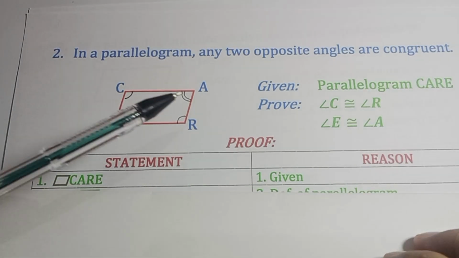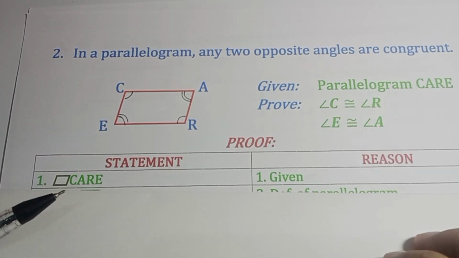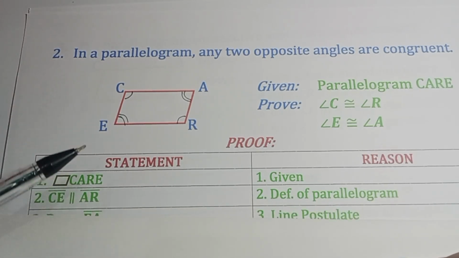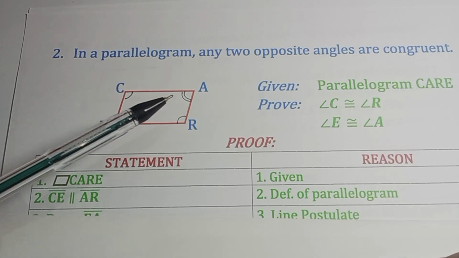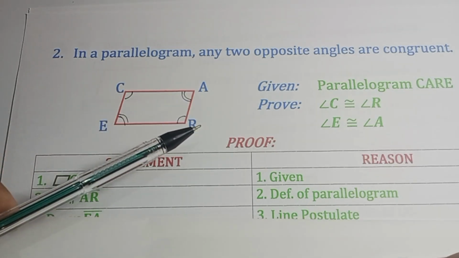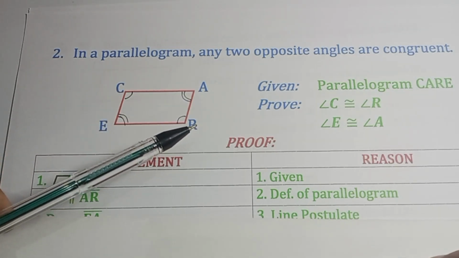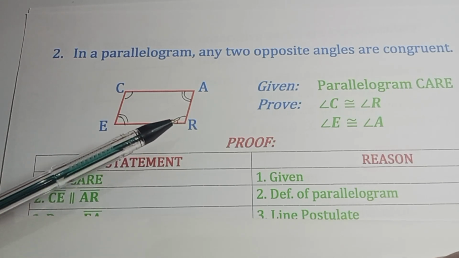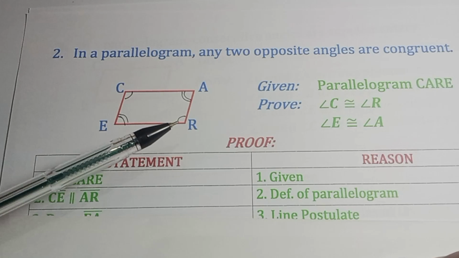So since this is a parallelogram, our beginning statement, therefore we say that CE is parallel to AR. Okay, so why are we doing this? We are trying to make congruent triangles again.